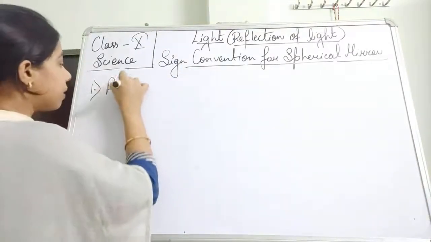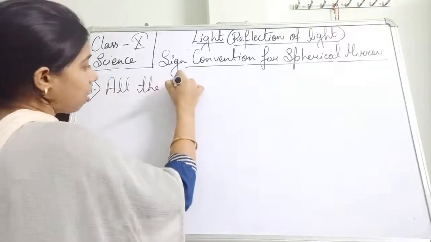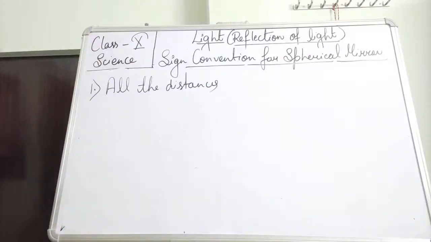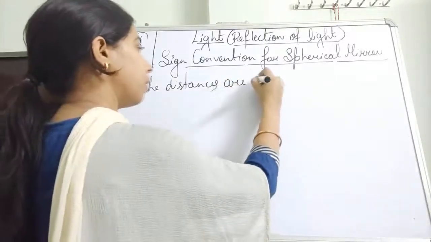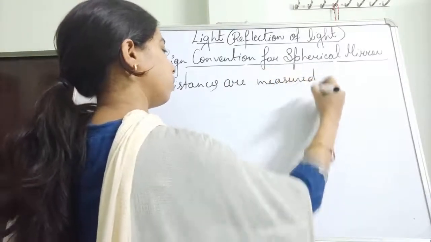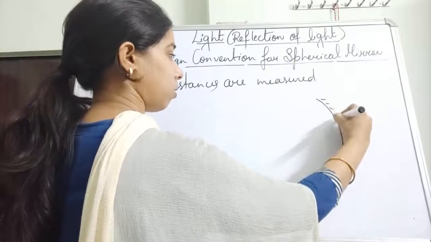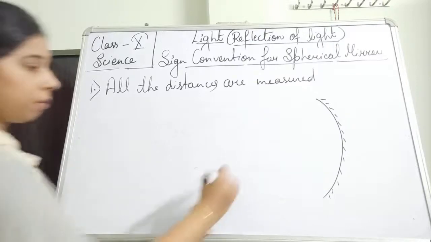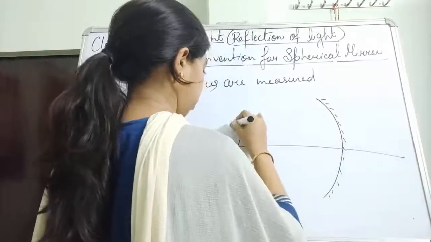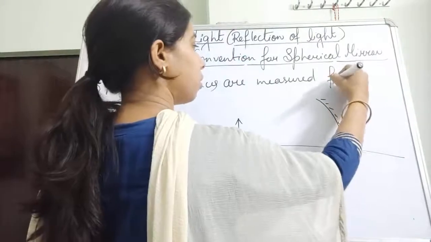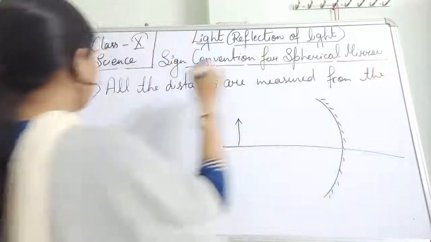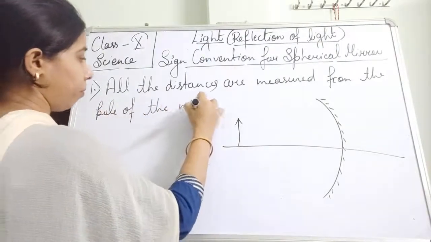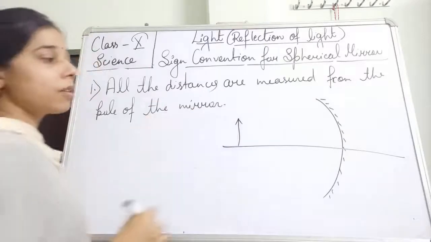That is, all the distances are measured from the pole of the mirror.